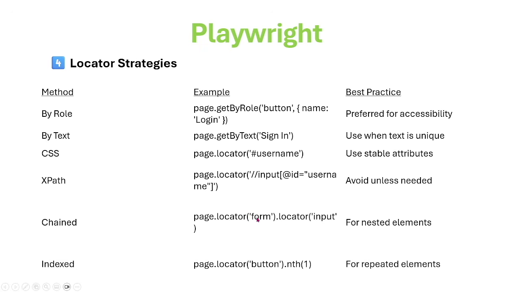In the form, locator, input. For web elements, if you have many repeated web elements, you can use the index, like page.locator button. If there is a series of buttons with the same name and ID, but the index is different, this is index 1. You can find another, index 2 or 3, something.